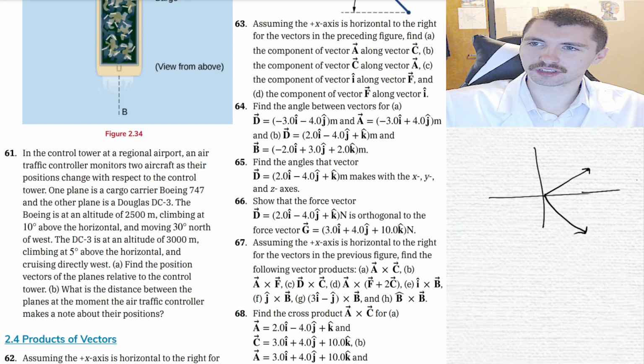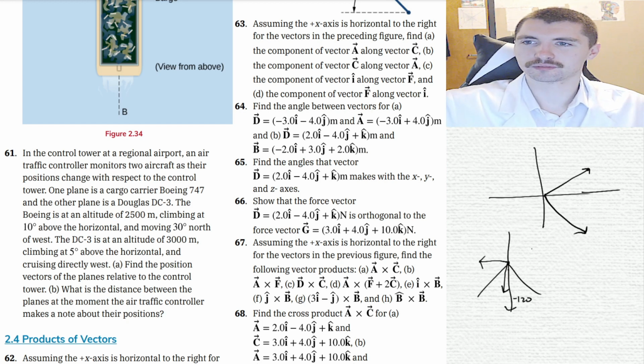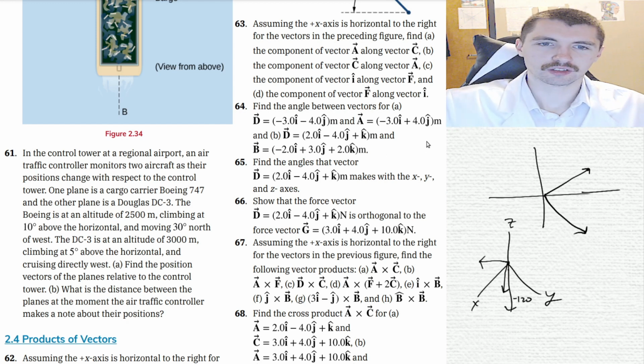I guess I should draw it like this: we have this vector 9x, 5y, then a vector 6x, negative 10y. So this is actually going to be negative 120 in the k direction.